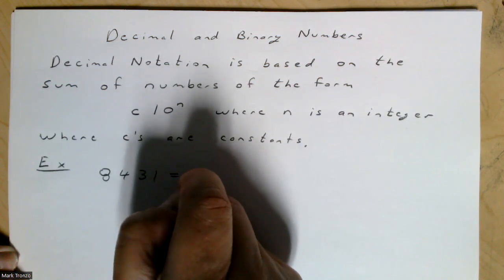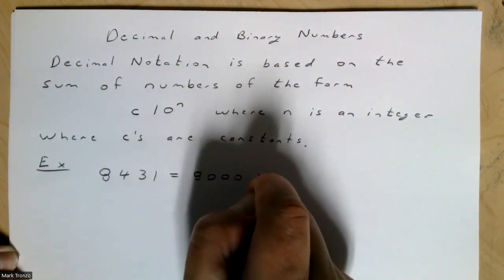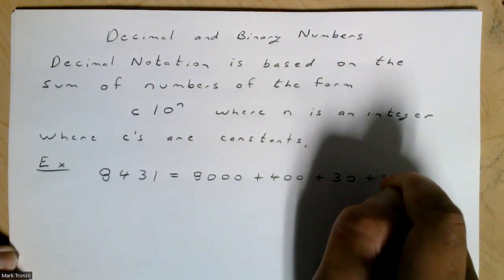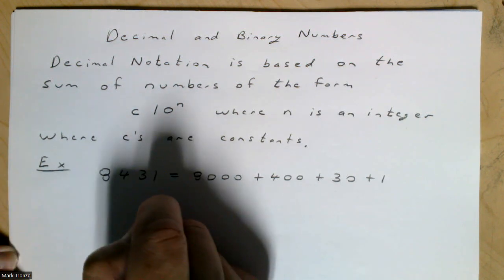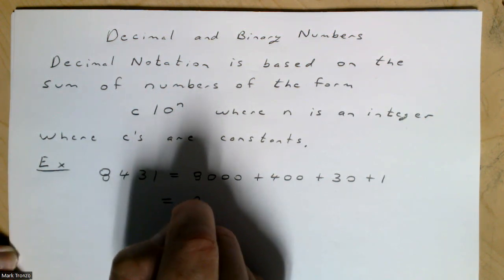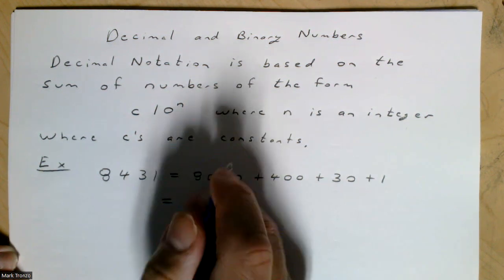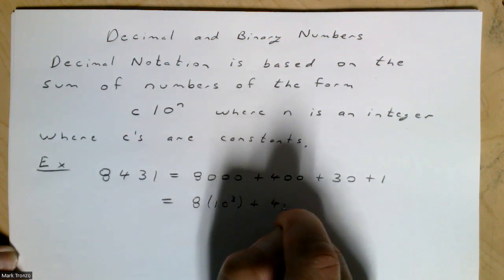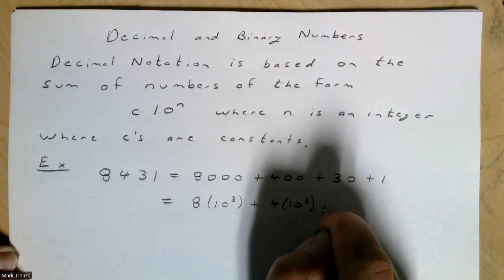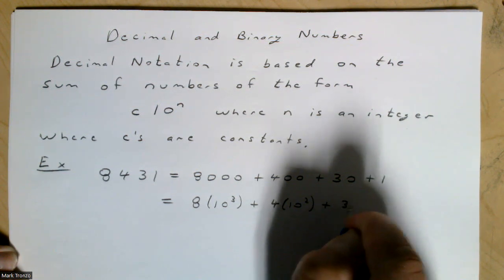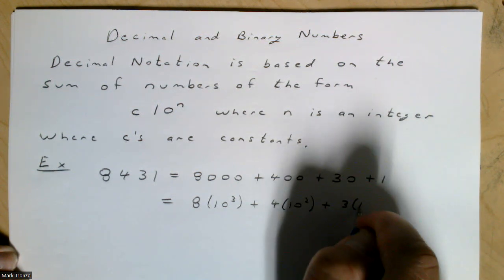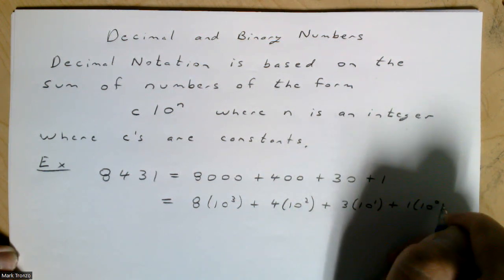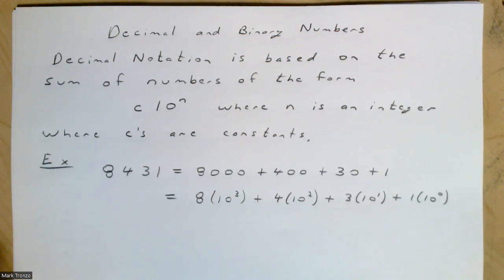This is really like 8,000 plus 400 plus 30 plus 1, which can be written as 8 times 1,000, or 10 to the third, plus 4 times 100, which is 10 squared, 3 times 10 to the first, plus 1 times 10 to the 0 power.